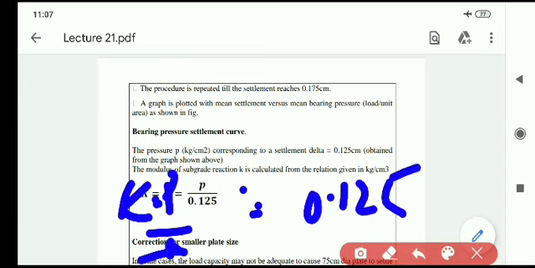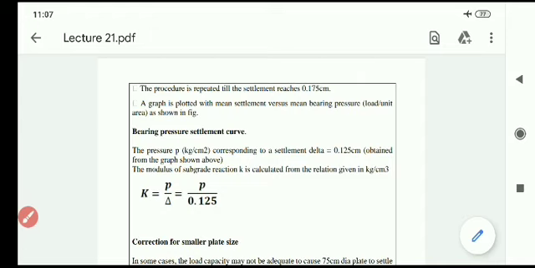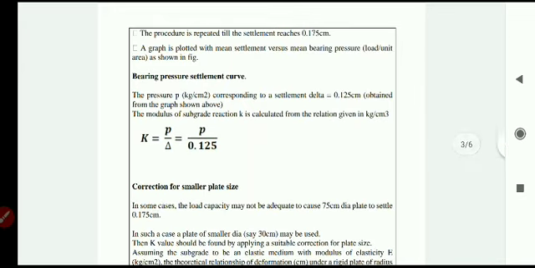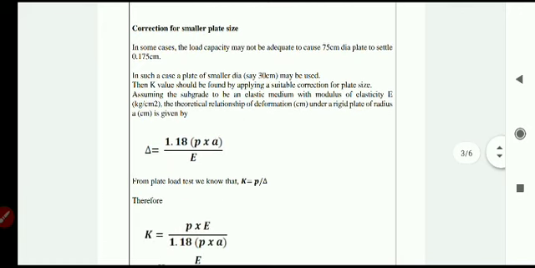So this standard value should be taken. So easily we can calculate the modulus of subgrade reaction. Okay, like this the procedure is carried out to calculate the modulus of subgrade reaction value.